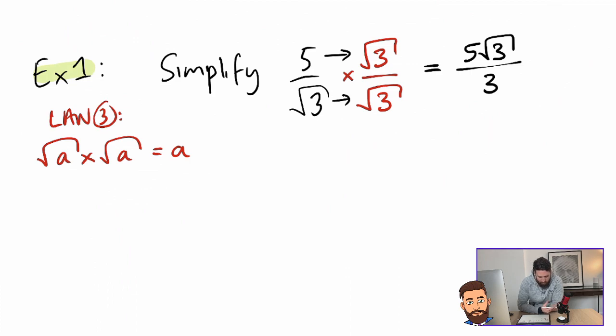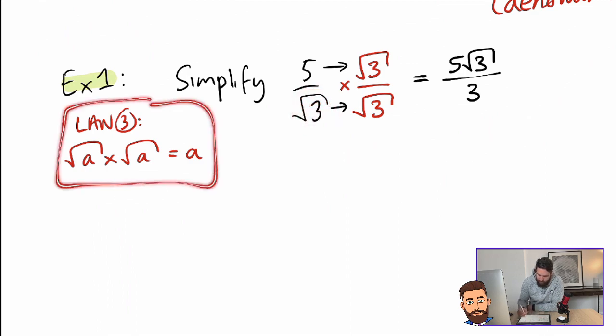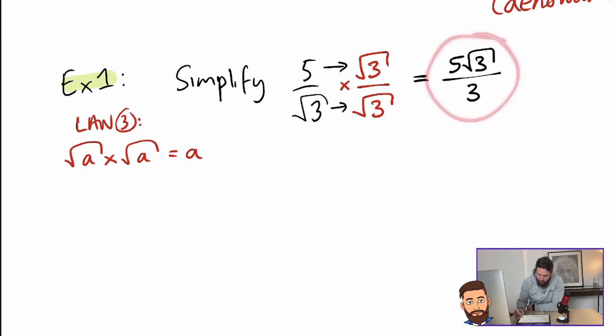So we've just taken a surd that was at the bottom of a fraction. We wanted to rationalize it, which means we never want to have a surd on the bottom, so we need to get rid of it. We use law 3 to do it, and we've just ended up with another looking surd where it's now on the top, not on the bottom, which is what we want.